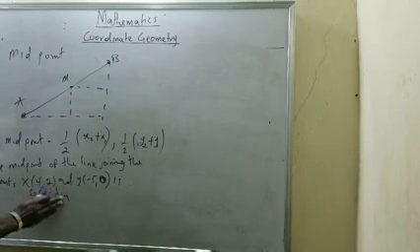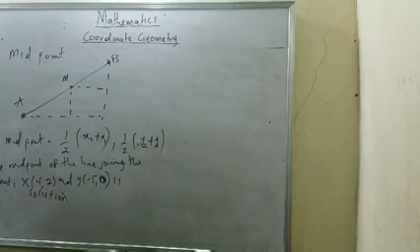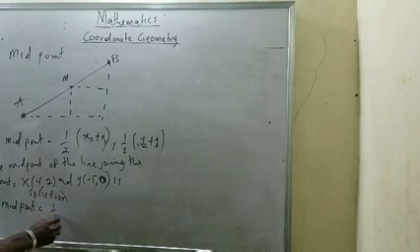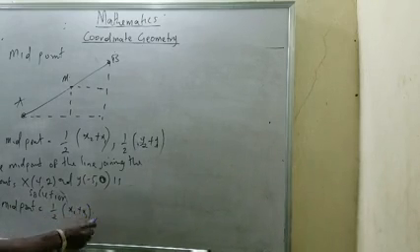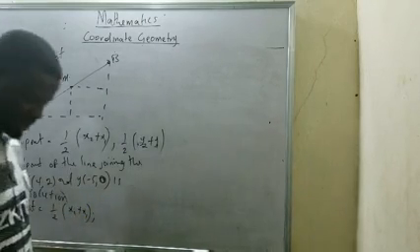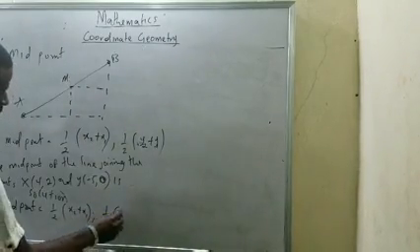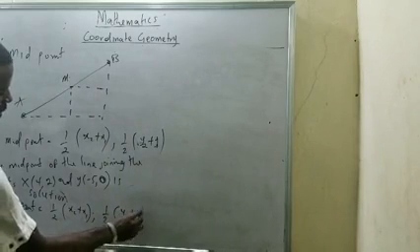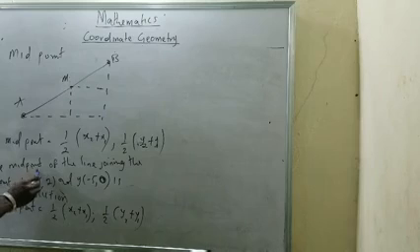Now, how do I get my midpoint? My midpoint will be equal to 1 all over 2 bracket of x2 plus x1, comma. Please, the comma is very important because if a point is a coordinate, it means 1 all over 2 bracket of y2 plus y1. I've shown you earlier x1, y1, x2, y2.